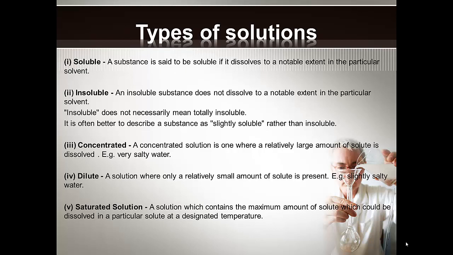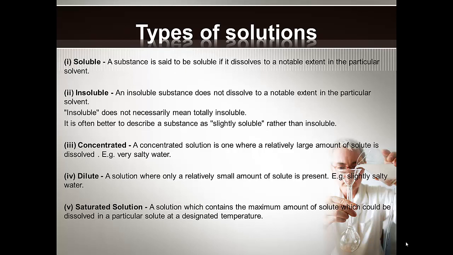So here's some different terminology. If something's soluble, that means it dissolves to a notable extent in the particular solvent. That's a simple definition. If it's insoluble, then it won't. The substance does not dissolve to a notable extent in the particular solvent. Here's a good point.